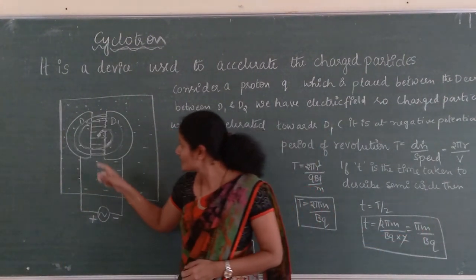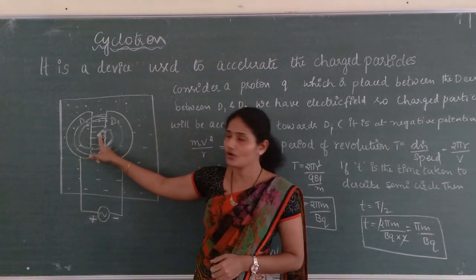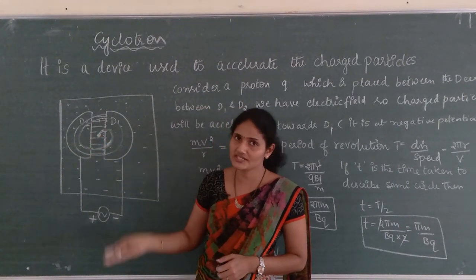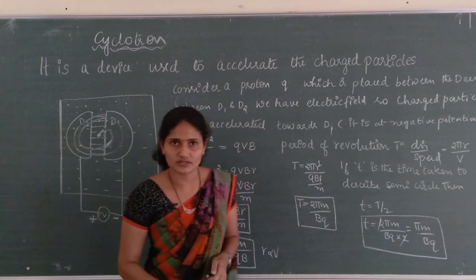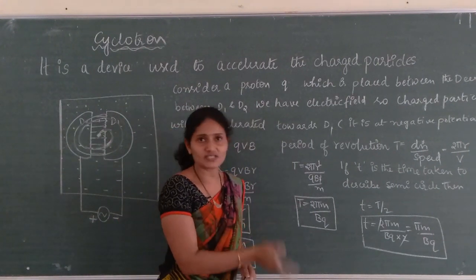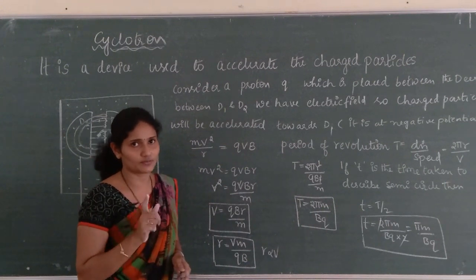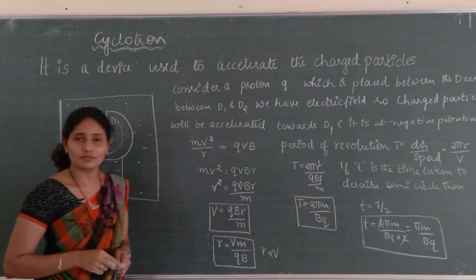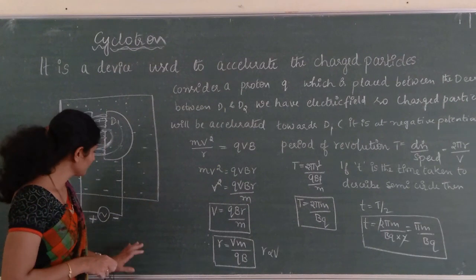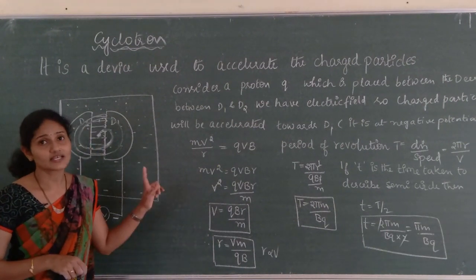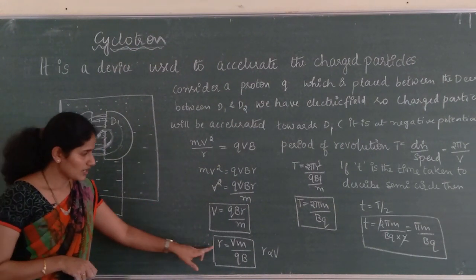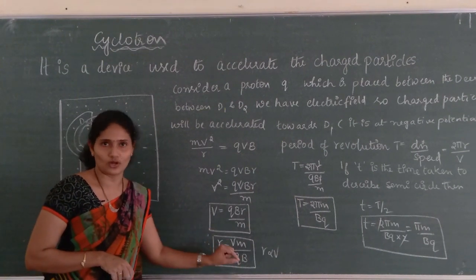For this particle, or for this proton, mass is constant, Q is constant, magnetic field B is constant, therefore T is also constant. So, always remember, T remains the same, only radius changes, because R is directly proportional to velocity.